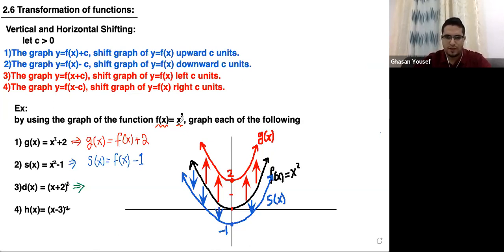So I know my function f of x equal x squared. Now I can modify this function to make it equal to this. Okay, let me do it in the next slide.